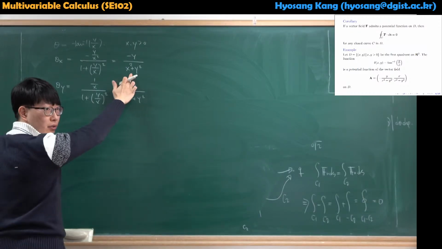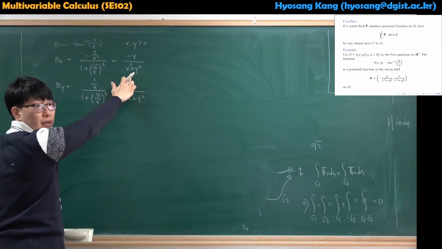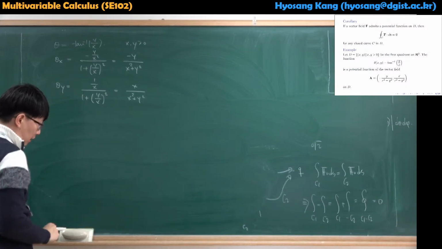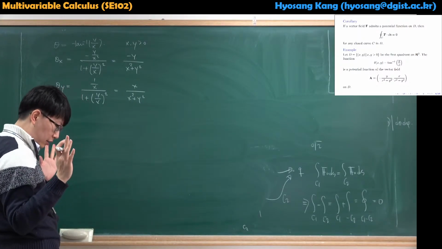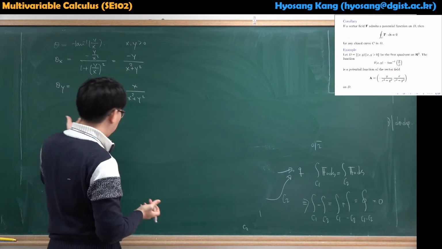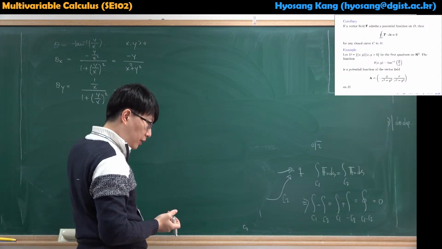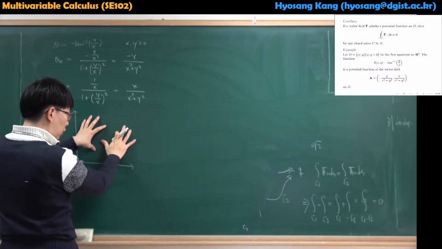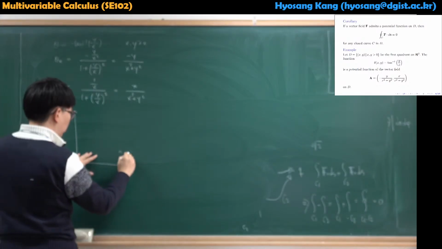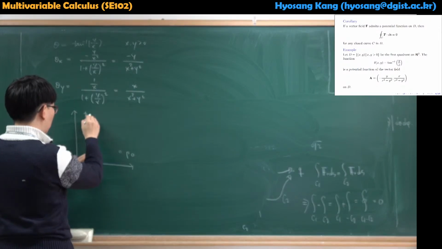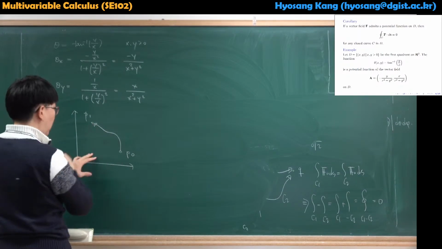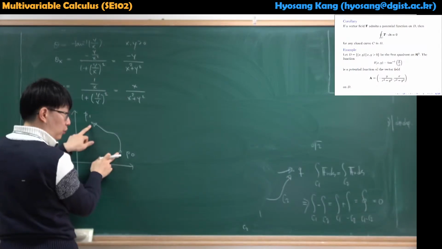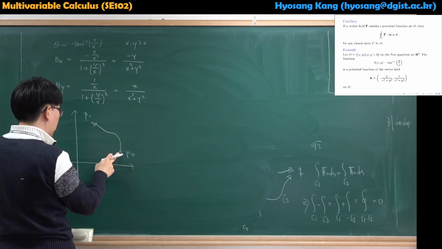So this is the x coordinate function for the vector field A, and this is the y coordinate for the vector field A, okay? And now we know that this is the potential function. So it says that whenever I take a path inside of the first quadrant, from one point, let's say P0, to another P1, it does not depend on the shape of the path, but only depends on the starting point and end point, the value of the line integral.